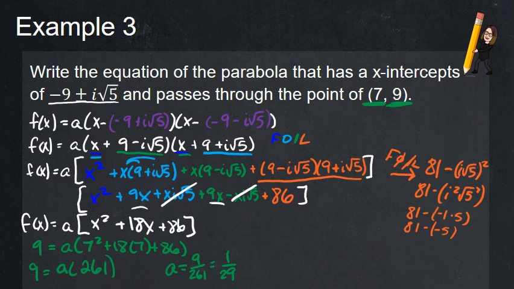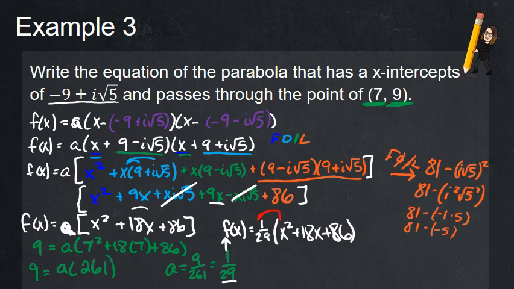So looking back, I'm not going to plug this a back into the very original. I want to plug it into this nice, clean, standard form. I'm just going to jump up a little bit here and say f of x is equal to 1/29 x squared plus 18x plus 86. Now, we don't ever leave parentheses in our final equation.